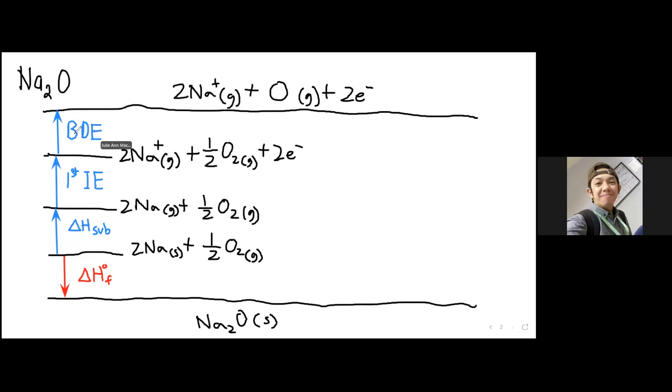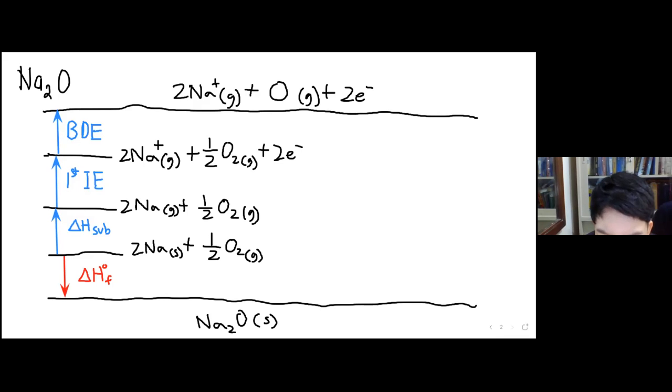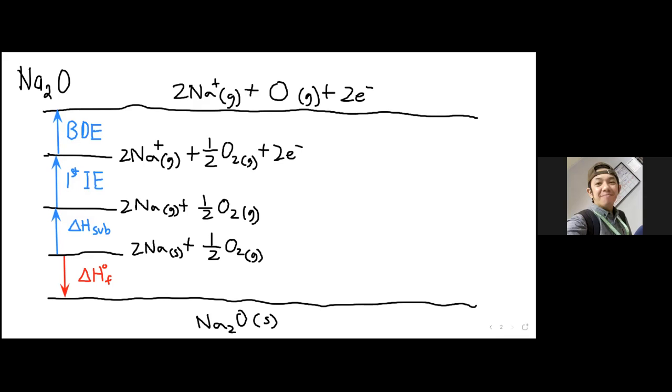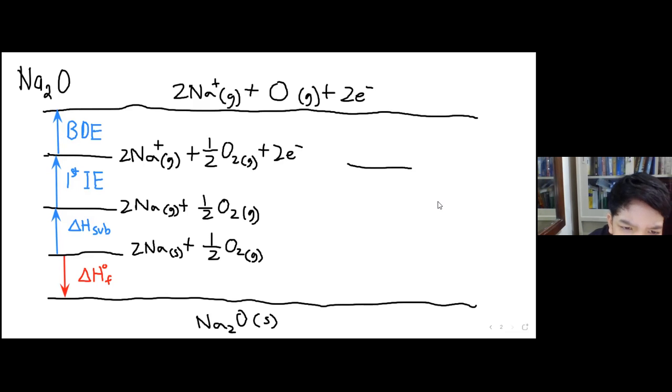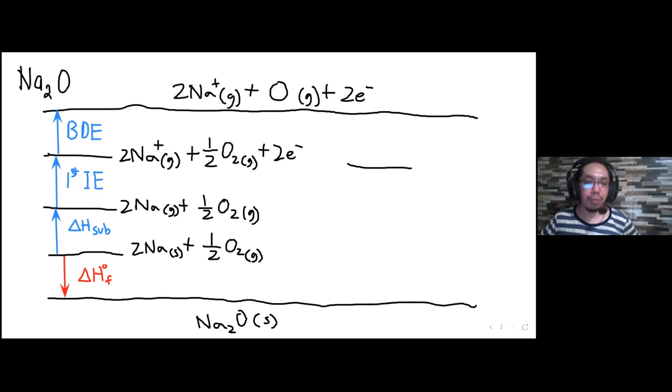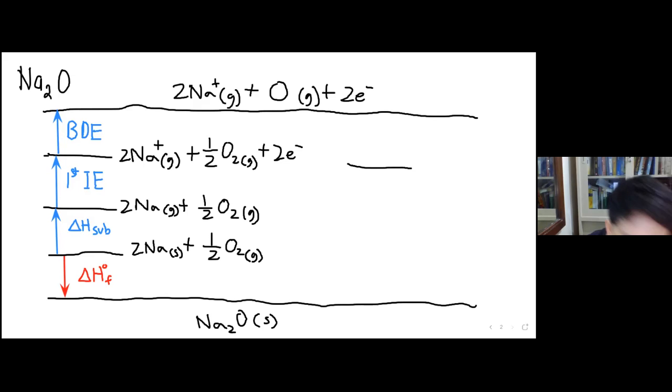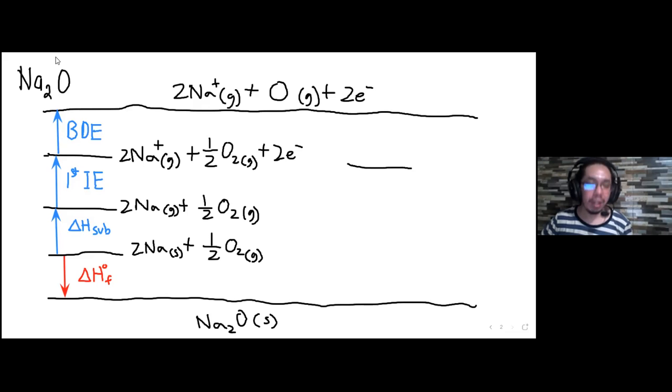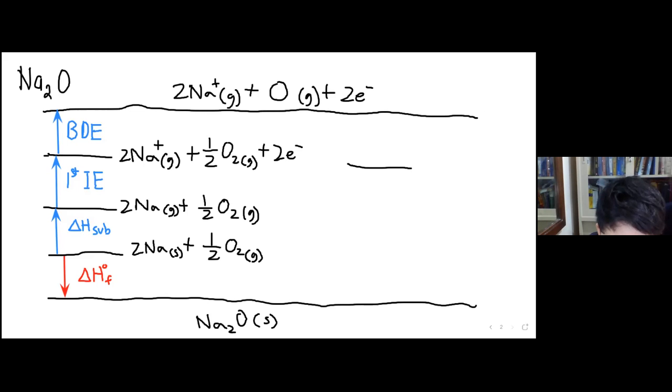So BDE is what again? Bond dissociation energy. What is its definition? It is the amount of energy to break the bond. Very good. It could also be the amount of energy to form the bond, but usually this is the definition. The amount of energy to form the bond and to break the bond are equal in nature, but the latter, the BDE, will be endothermic. Okay, so go ahead.